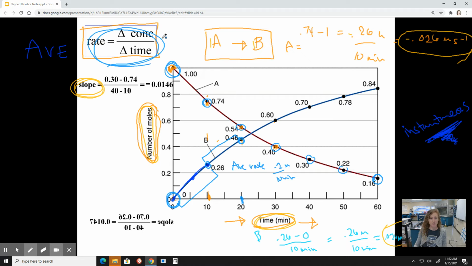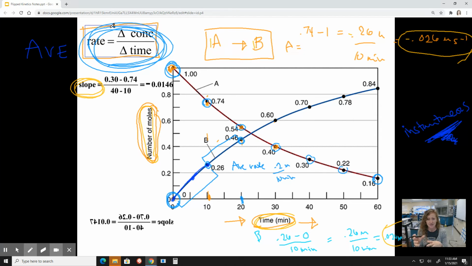So notice one of the other things we can draw off of this graph is that our rate is not consistent. In the beginning, our rate's going to be higher. In the end, our rate's going to be lower. And this is true anytime your rate is dependent on molecules hitting molecules. Now, not all rates are dependent on molecules hitting molecules.